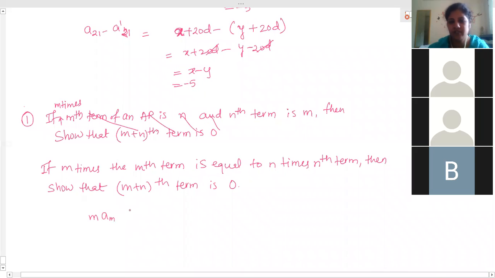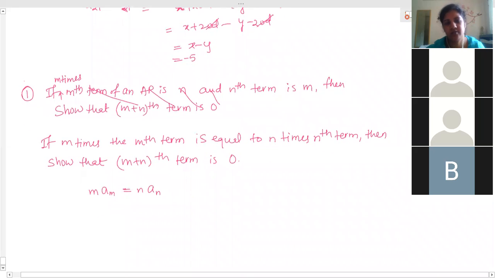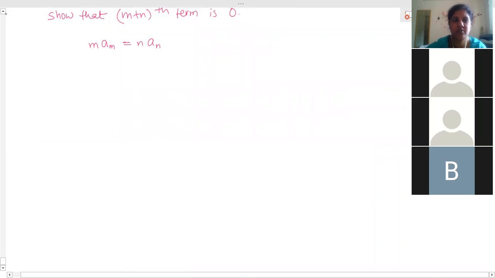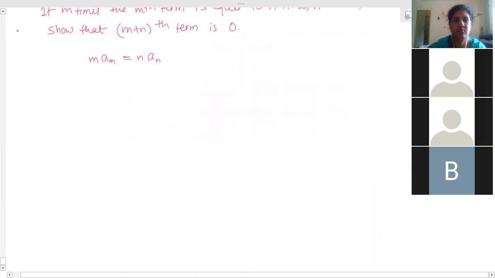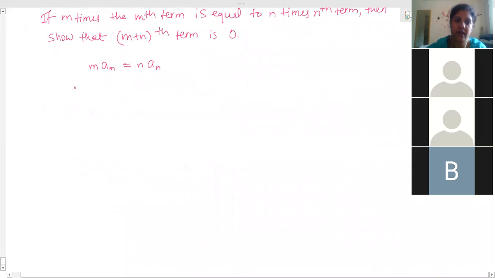We directly write the mth term, am, and it is equal to n times the nth term. Then we have to simplify this. m into the bracket a plus (m minus 1) into d, equal to n into the bracket a plus (n minus 1) into d.